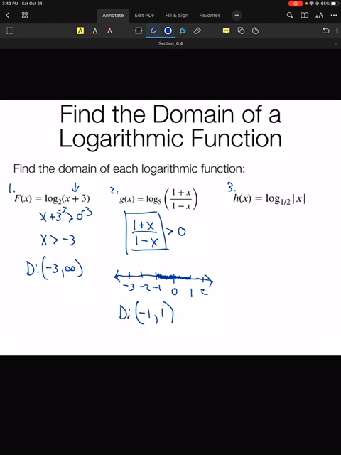Another way to think about this problem is if the fraction has to be greater than 0, what that means is that both the top and the bottom have to be greater than 0. So I could set both of them to be greater than 0, and then I could solve them.